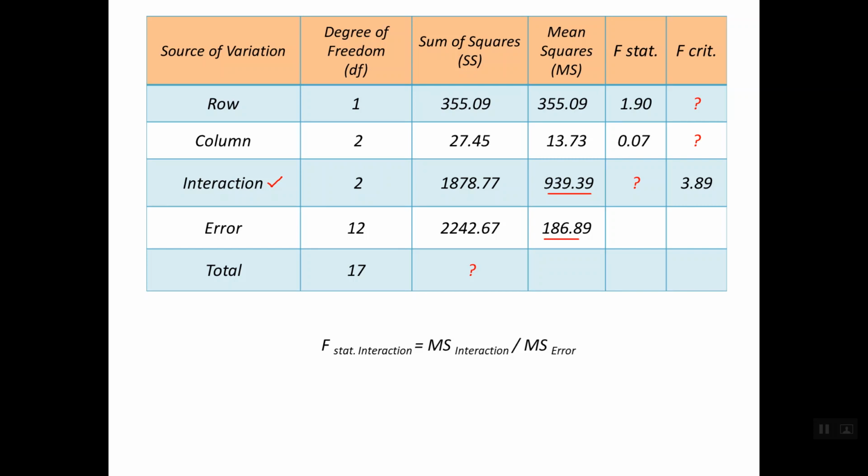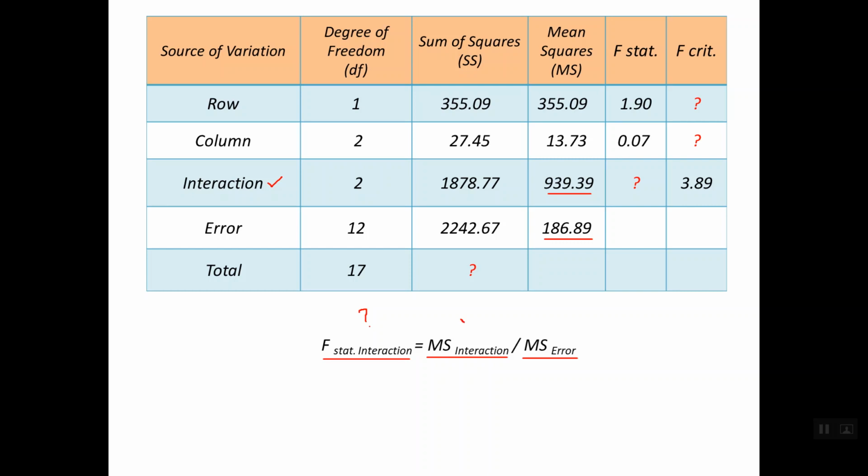And notice that the mean square of the error is well known, so we can use the formula for the calculation of F by dividing the mean square of the interaction by the mean square of the error. The value of F for the interaction is the missing one.